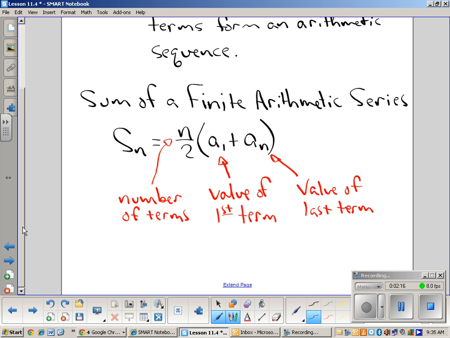Explicit kind of means it finds a specific term, where here we're just looking for the sum of all the terms. S stands for the sum, so maybe I should write that down here: the sum of all n terms.